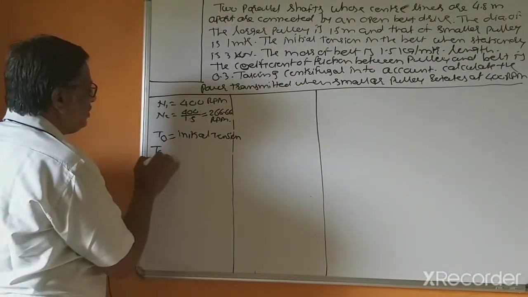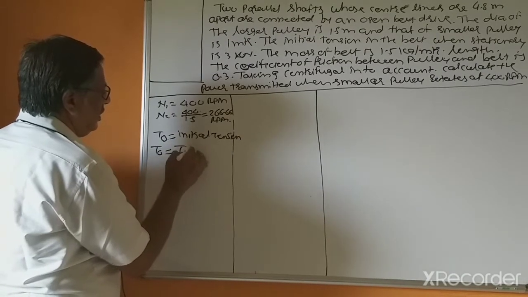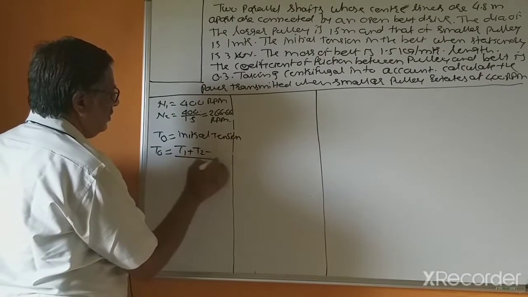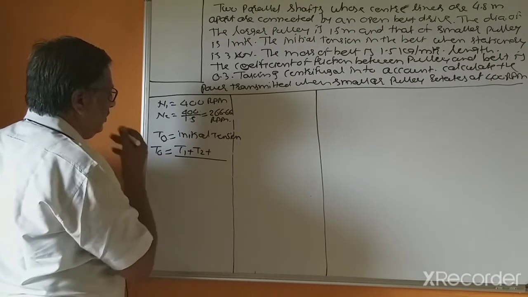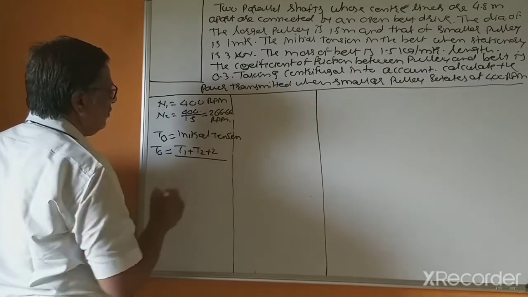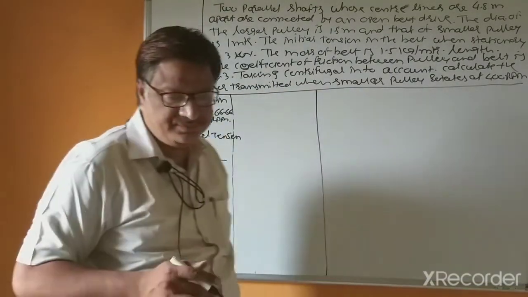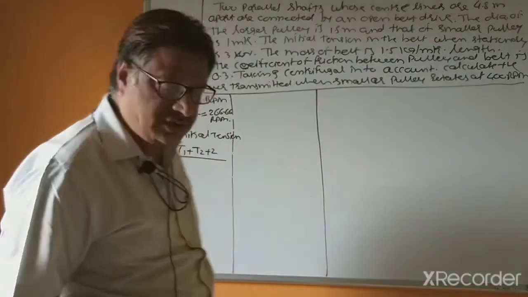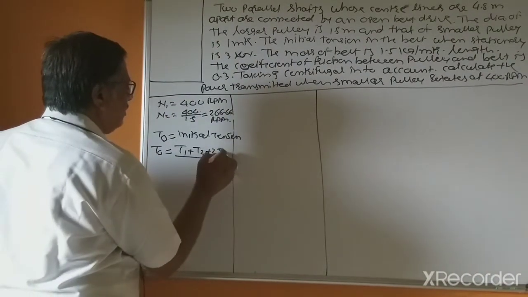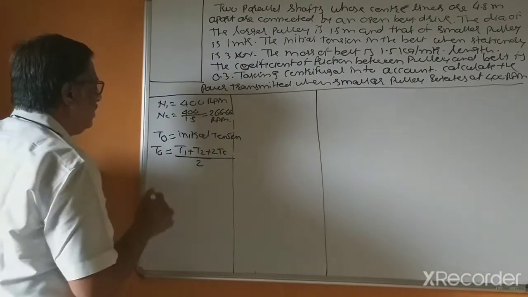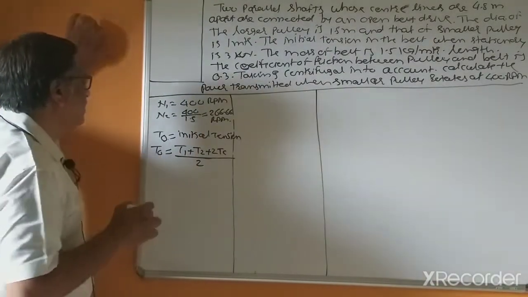So here the relation is T0 equal to T1 plus T2 plus 2 Tc, divided by 2. So this is the relation for initial tension.